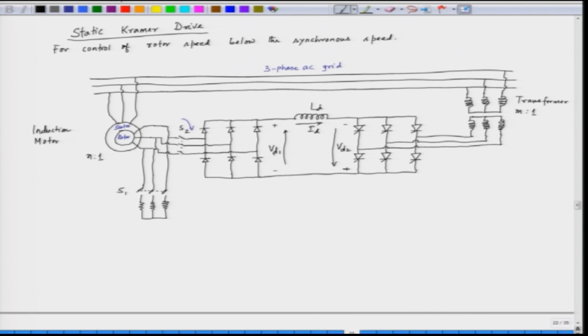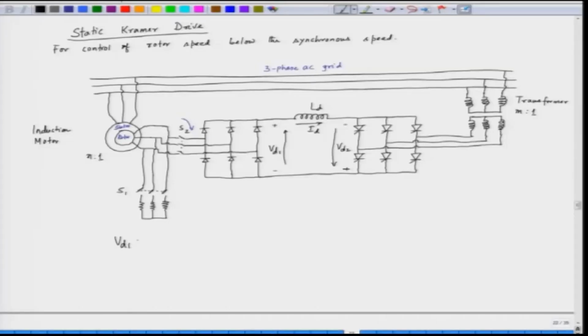The rectifier output is VD1. So, what is this VD1? VD1 is the output of a 3-phase rectifier, which is 3 Vm by pi.